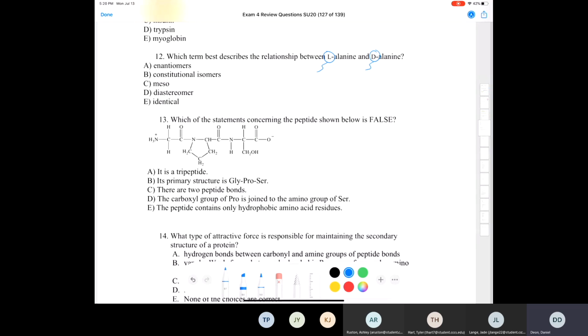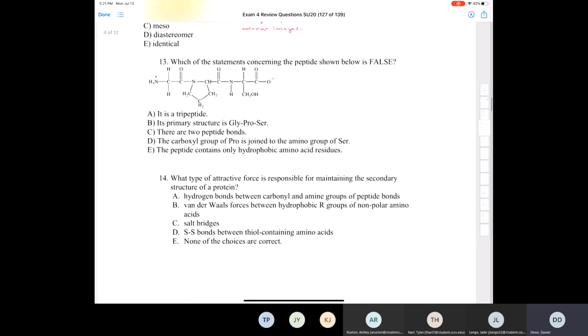They must be non-superimposable mirror images, rather. Then the answer to that would be enantiomers. We can write that in here. Non-superimposable, okay, mirror images. All right. Move on from there.